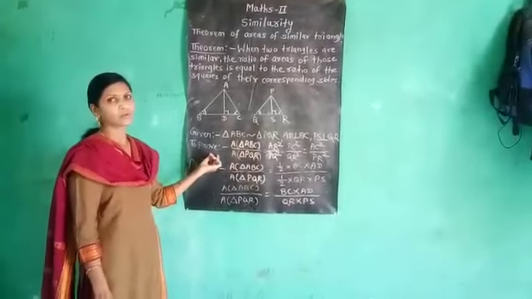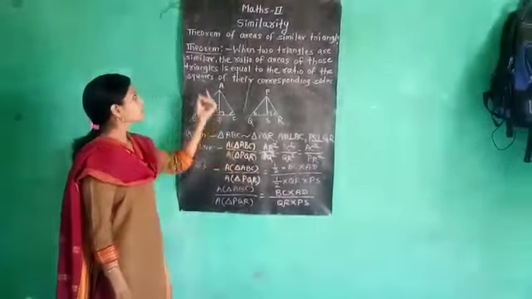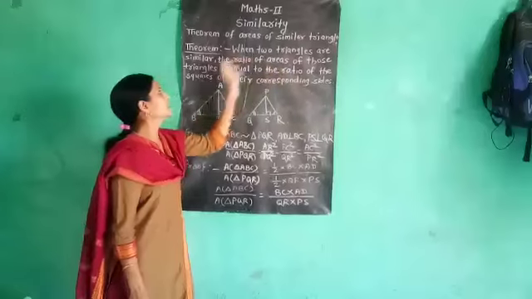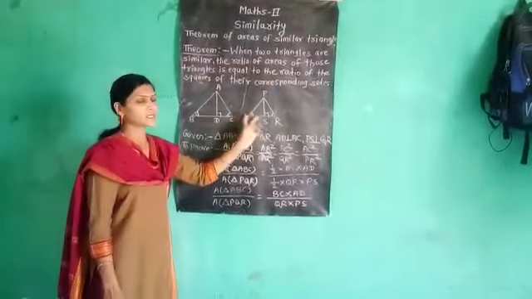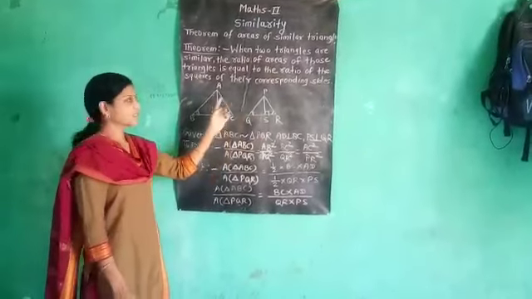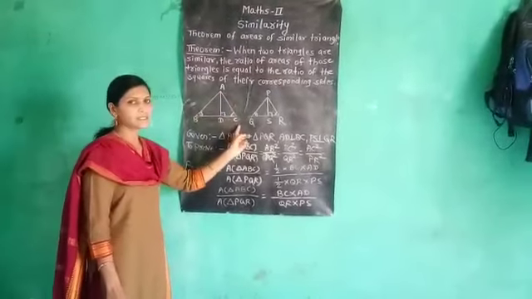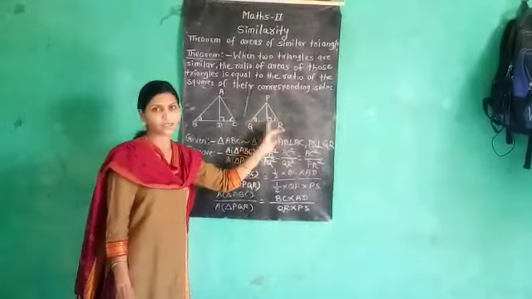Now, to prove: the ratio of the areas of those triangles. Now take the ratio of the areas of these two triangles, that is, the area of triangle ABC and the area of triangle PQR.